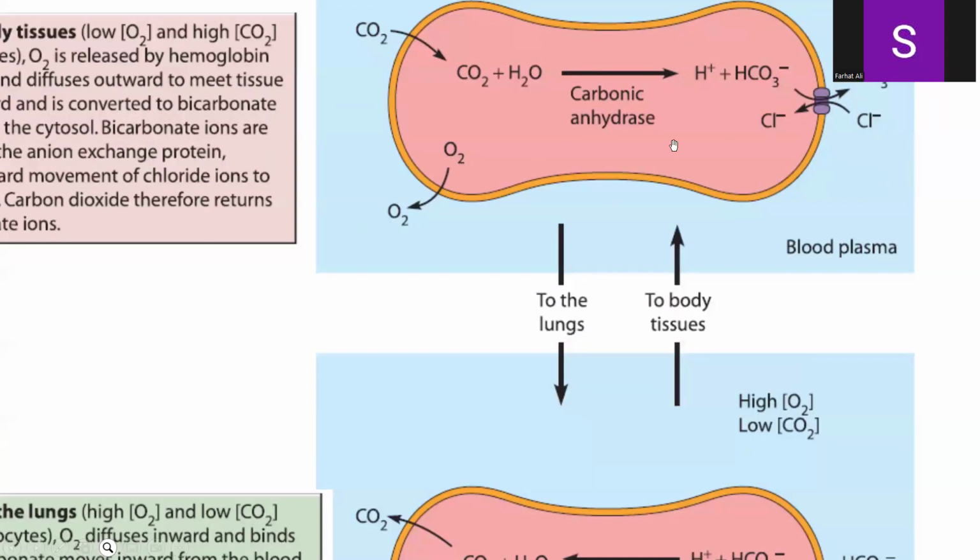In this manner, depending upon the concentration of carbon dioxide, the enzyme can catalyze the reversible reaction in both directions. As a result, number one, this is important for the transport and excretion of carbon dioxide. Number two, this is going to regulate the concentration of bicarbonate ions in blood, and therefore it is important for regulating the pH of blood.